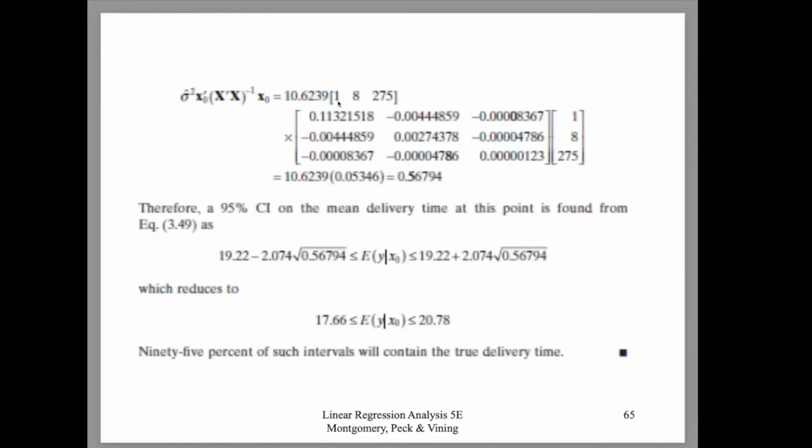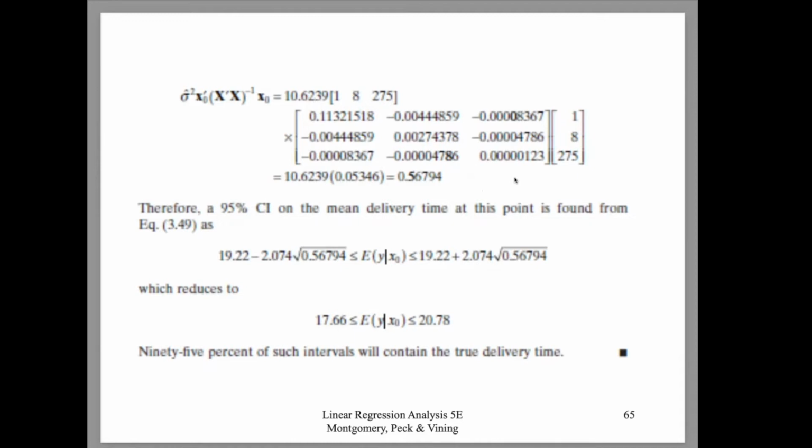And then we have x0 prime, this row vector containing values 1, 8, and 275, multiplied against the inverse of the x prime x matrix, and then that is post-multiplied by the x sub 0 vector. All right, so that's a matrix equation. It's a little bit cumbersome to do. If you've got a calculator, you could do this. If we have computer software, we could do it in PROC IML, which we'll see.